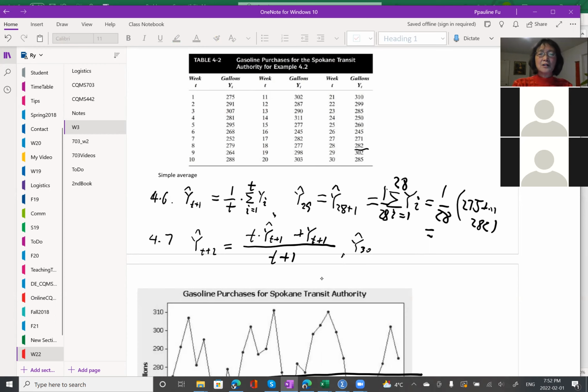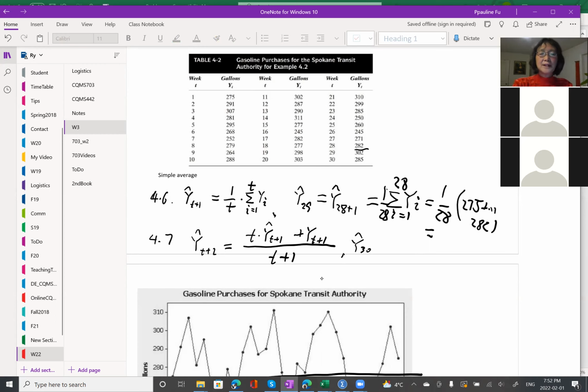First of all, what do we want? We want to forecast week 29. To forecast week 29, we need to use the average of week 1 to week 28. So week 1 is 275 plus week 2, week 3, up to the last week, week 28, 282, divided by 28.